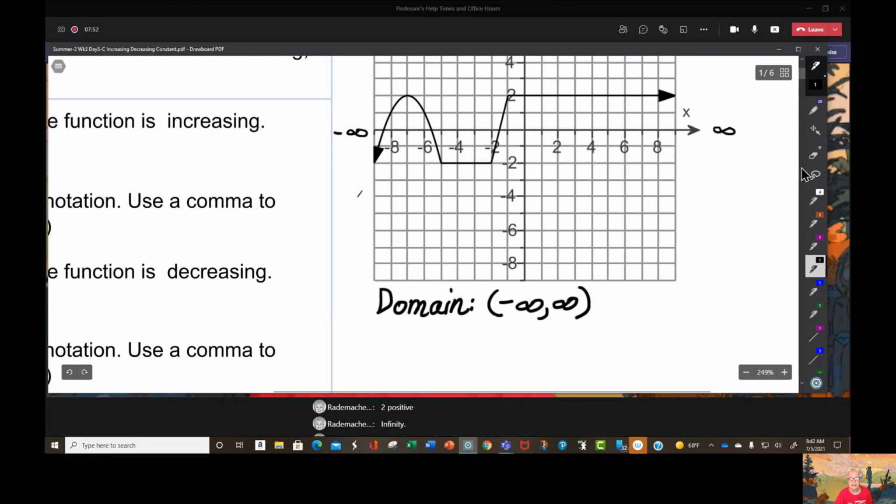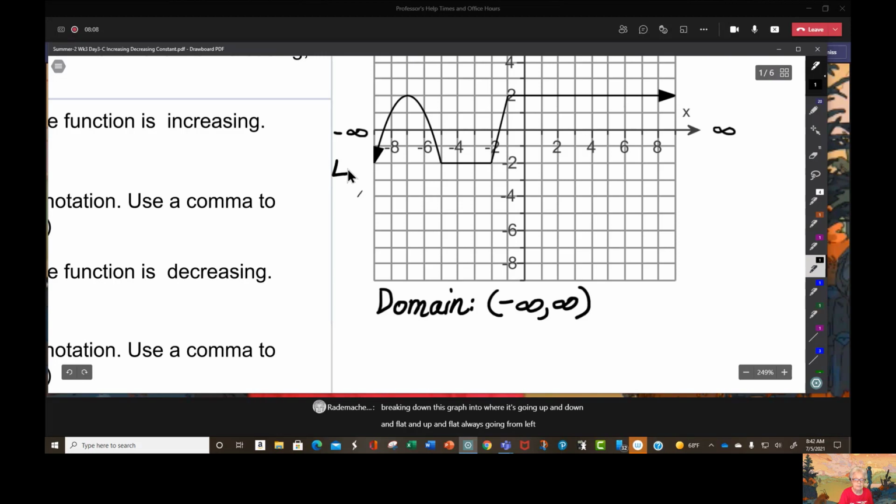What we're going to be doing now is breaking down this graph into where it's going up and down and flat and up and flat, always going from left to right. Which is just the way we read domain, left to right. And it's the way we do math most of the time, left to right.